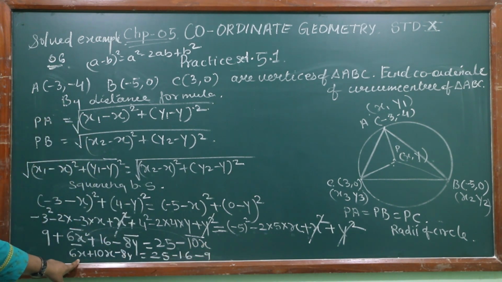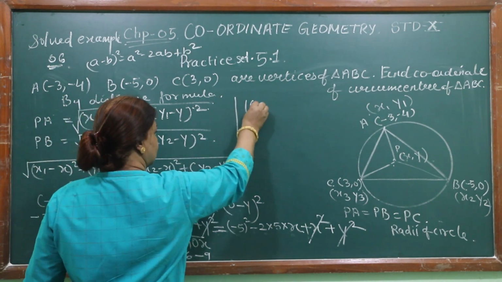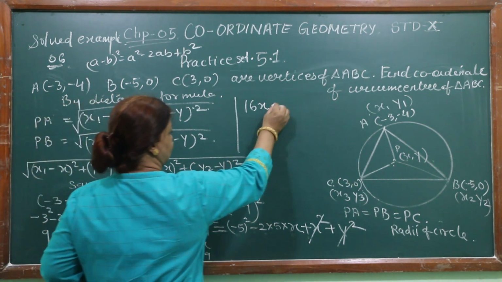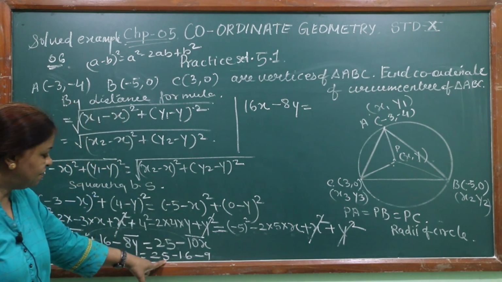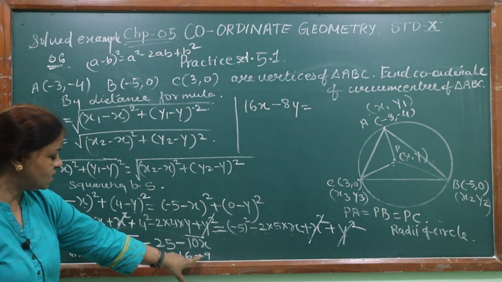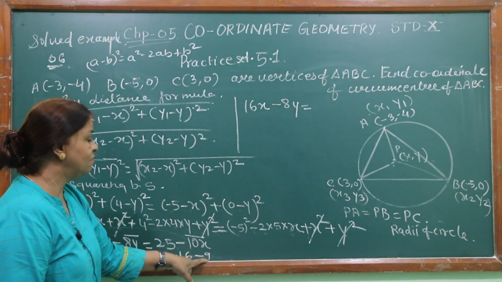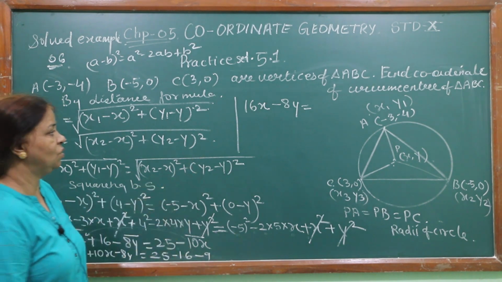Now 6x plus 10x will be 16x. Let me write here 16x minus 8y is equal to 25 minus 16 and minus 9. Minus 16 and minus 9 will be minus 25. So plus 25 and minus 25 will be 0.